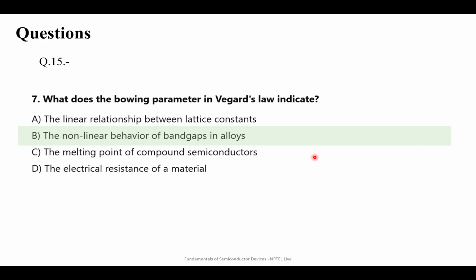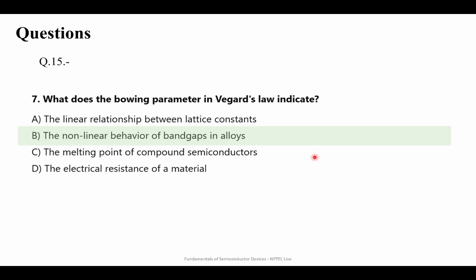Sir, this is only for band gaps. For lattice constant, we are still assuming a linear relationship, so sir, option A is also correct, no? But that is not being given by the bowing parameter. I am asking what the bowing parameter is. Oh, bowing parameter. Okay.